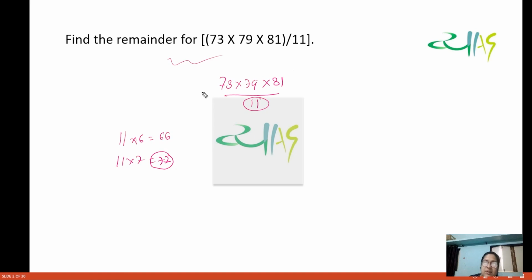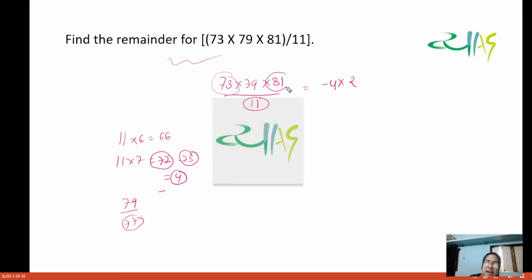If you use negative remainder, 73 minus 77 gives a negative remainder of -4, so write -4 here. When you find the remainder for 79, you divide by 77, so your remainder will be 2. So write just 2 here.